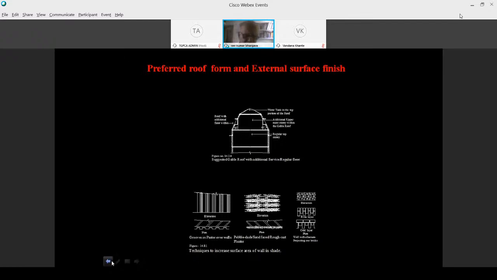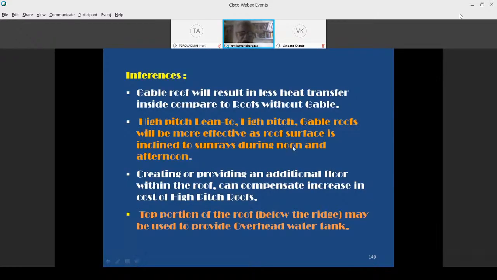Then friend, what I am suggesting is, we are discussing external surfaces. Okay, friend, to reduce the heat gain, we have already discussed SV ratio, etc. To reduce heat gain from surfaces which are exposed to solar radiation for a longer duration of time, particularly when the sun is in that direction from where maximum heat gain is expected, that is west, southwest.